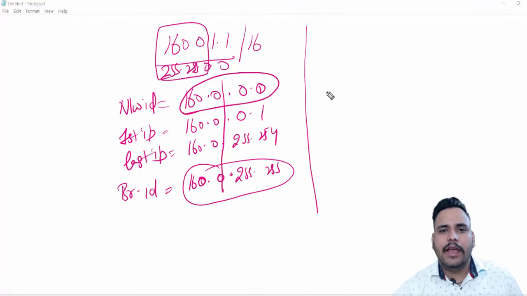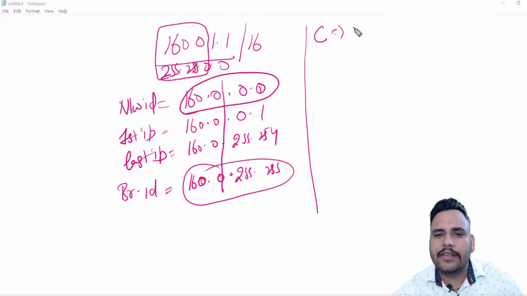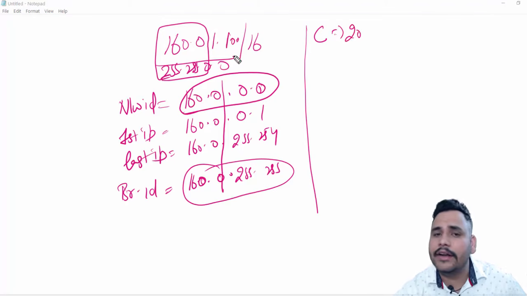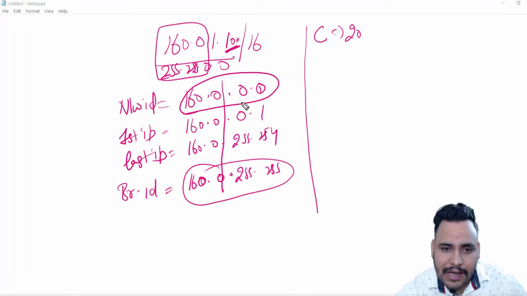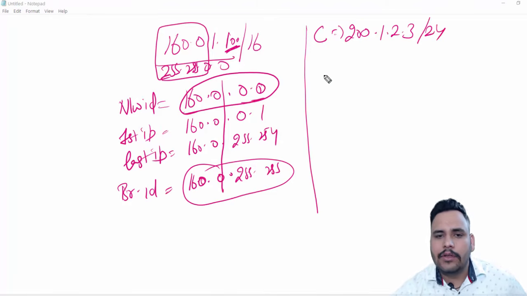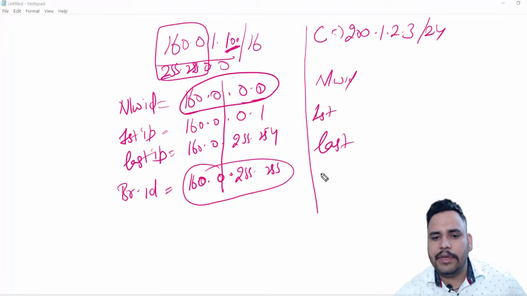Easy. And in C class, for example, the first octet is 200 and the next are 1, 2, and the host part is 3, with 24 on bits. No worry about it. So the network ID, first IP, last IP and broadcast ID.